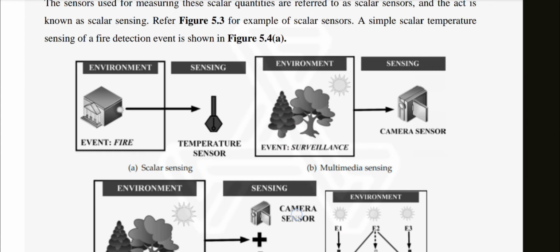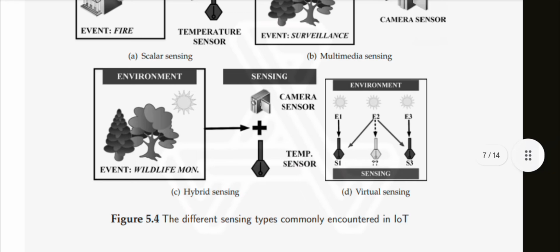Multimedia sensing. Hybrid sensing: the event is wildlife monitoring, the sensing is a camera sensor plus a temperature sensor. Virtual sensing: the environment sensors S1 and S3, and what is happening at S2.